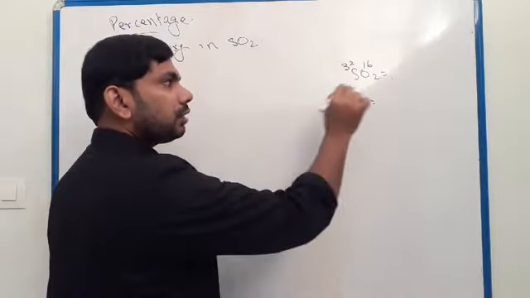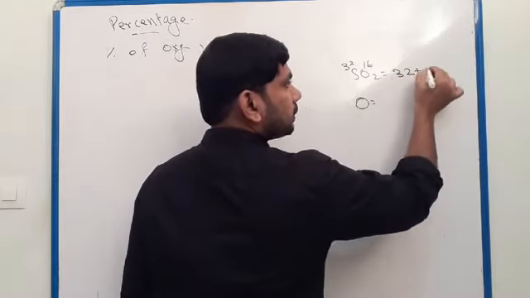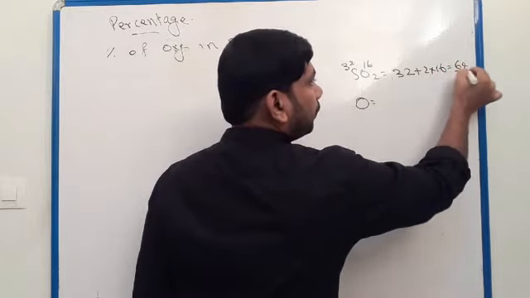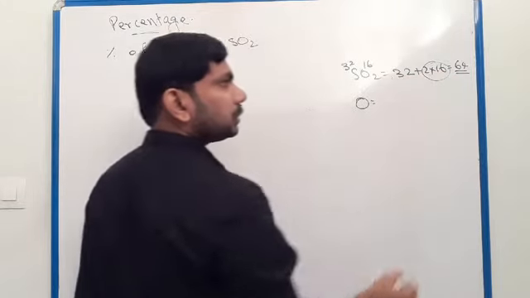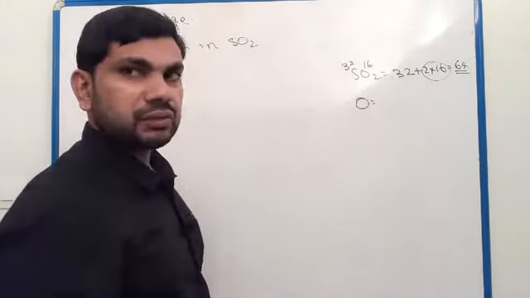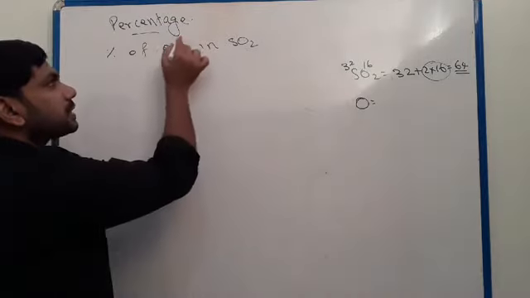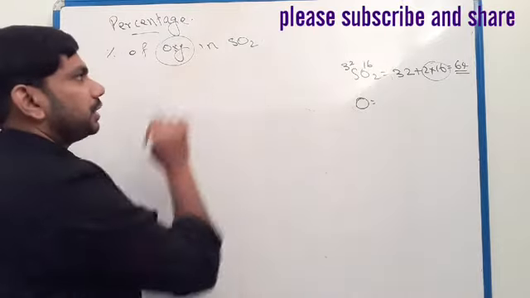So here the molecular mass of sulfur dioxide you can find: 32 plus 2 times 16. So it will be 64. Here 32, this is also 32, 32 plus 32, 64. So here you have to find the percentage of oxygen in sulfur dioxide.